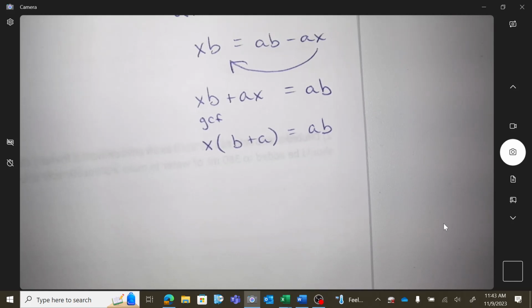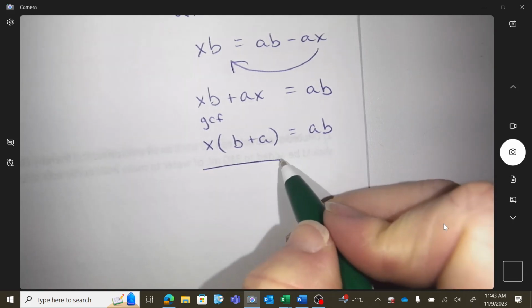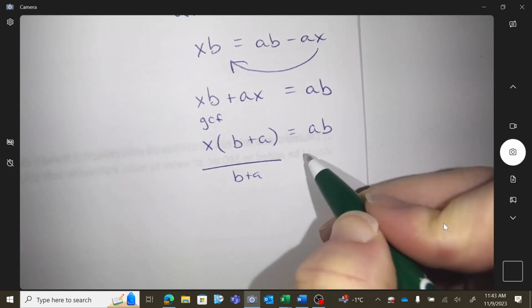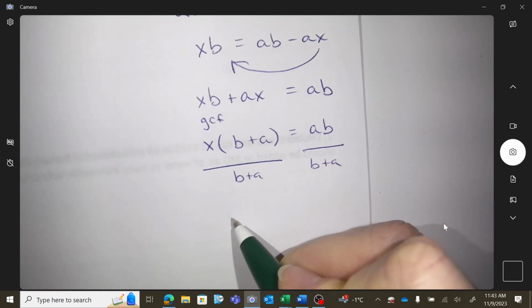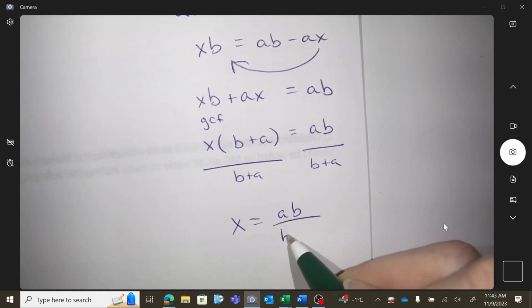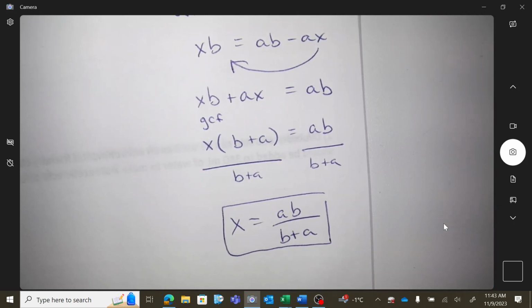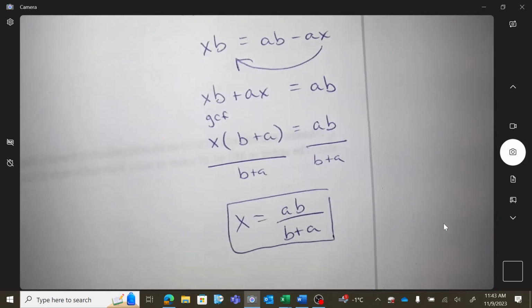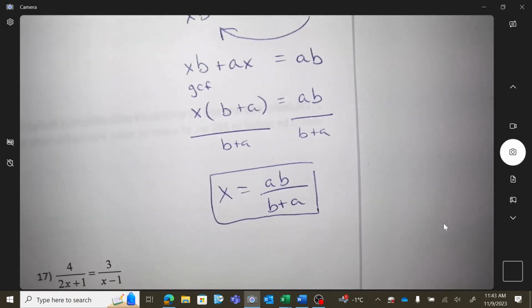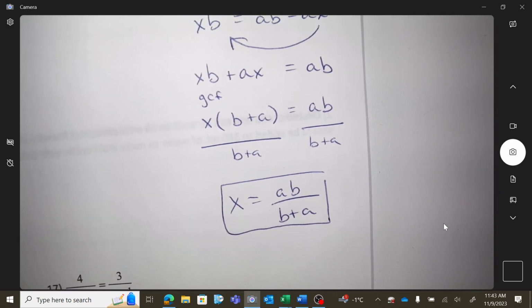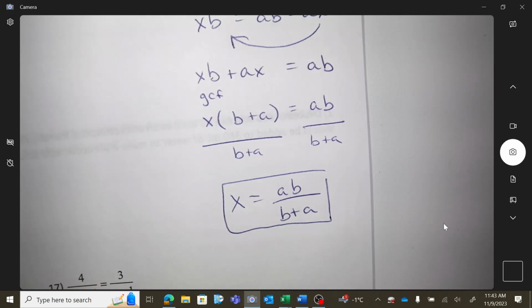And one more step. How do you get x alone? Wasn't that fun math? A lot of just different ways to think about math strategies that you know.